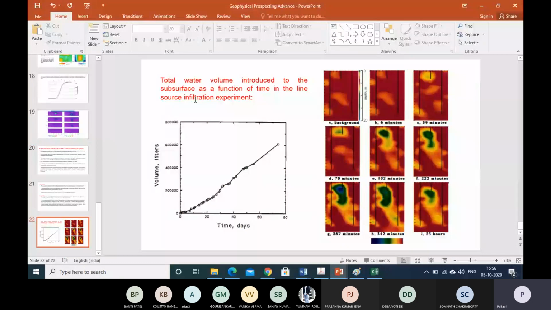In this case we are mainly discussing hydrogeological problems, because ERT is widely applicable. In all these big projects, for example CGWB is doing a very big project that is completely based on ERT.